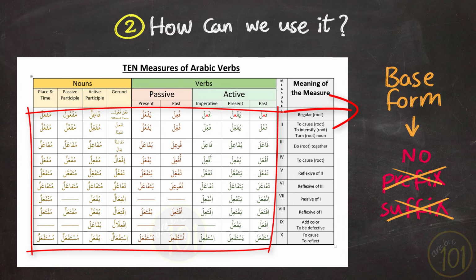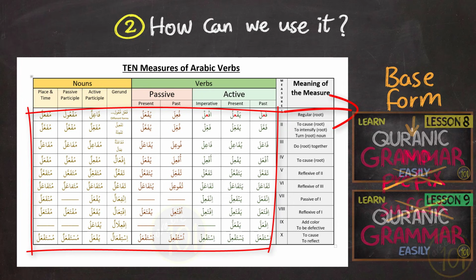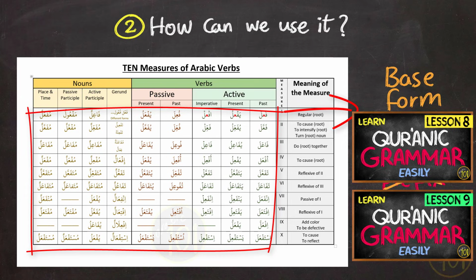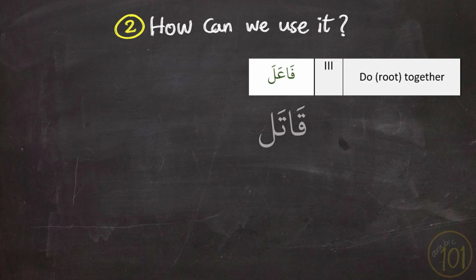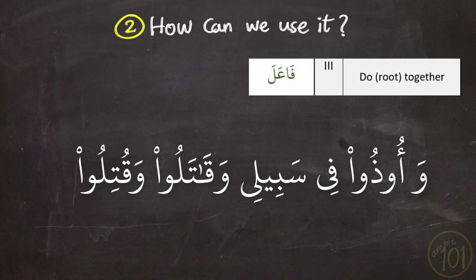This means that what we have learned in lessons 8 and 9 about pronouns and verb conjugation will be very important in this situation, because then you can add these prefixes or suffixes to the beginning or the end of the verb to properly conjugate it. But it also works the other way around, which means that if you see a verb with a certain suffix, you would know which part of the word is the base form and which part of it is the suffix.